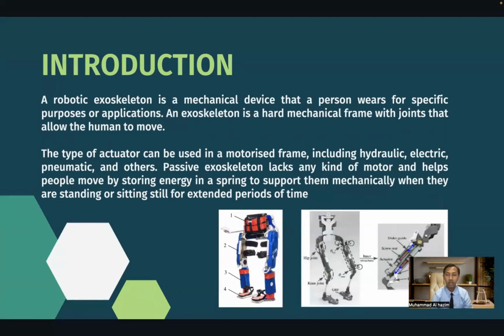The motorized exoskeleton uses actuators to move, for example hydraulic, electrical, or pneumatic actuators. The passive exoskeleton becomes a support for the human to move or do some work, so basically no mechanical equipment is used in it.